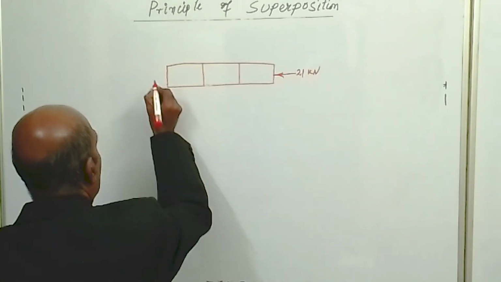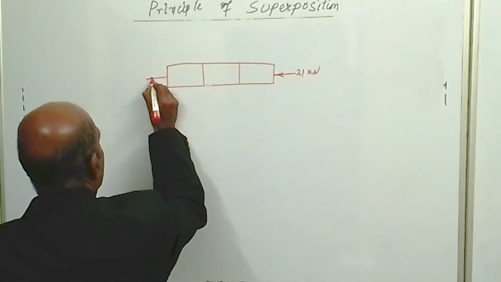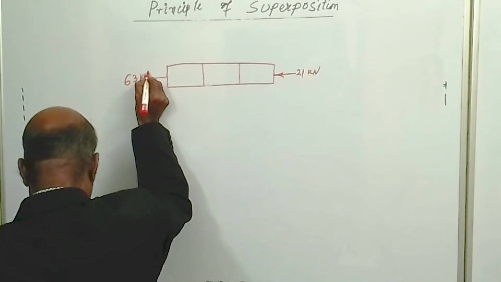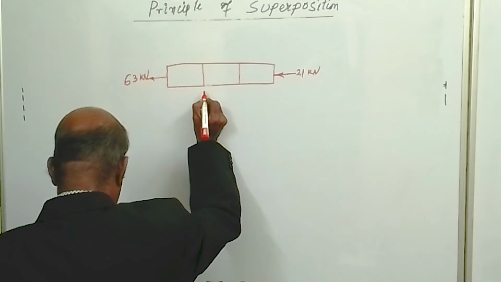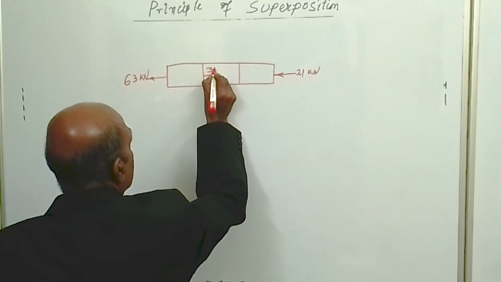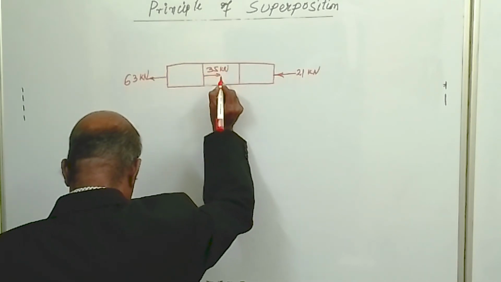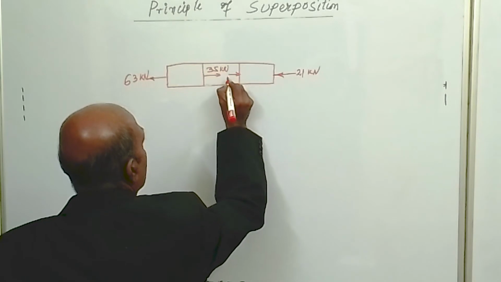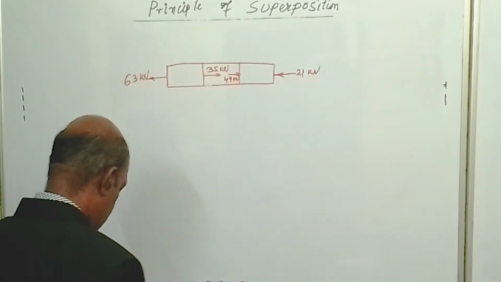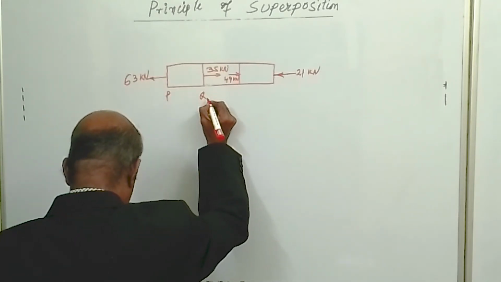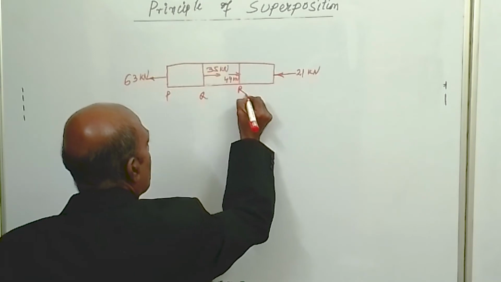At the left it is 63 kilonewton, at the interface it is 35 kilonewton, and towards the right it is 49 kilonewton. The segments are named P, Q, R, S.